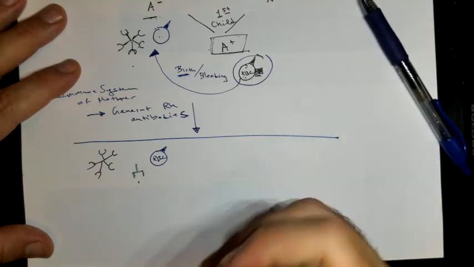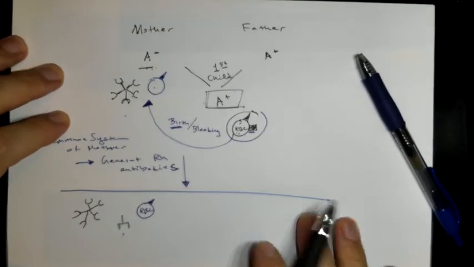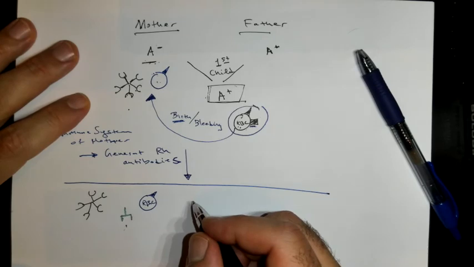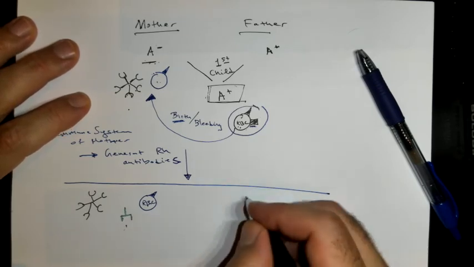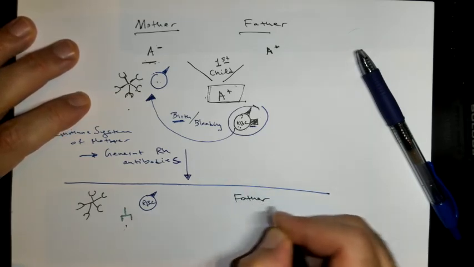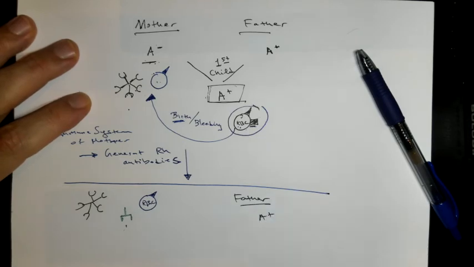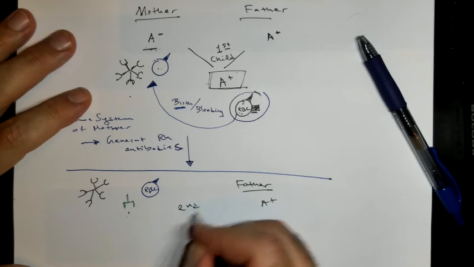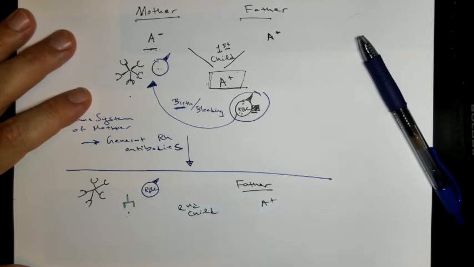Let's say that these two individuals go ahead and have the second child together. Father, A positive, right? Second child. Let's just repeat it the same way.